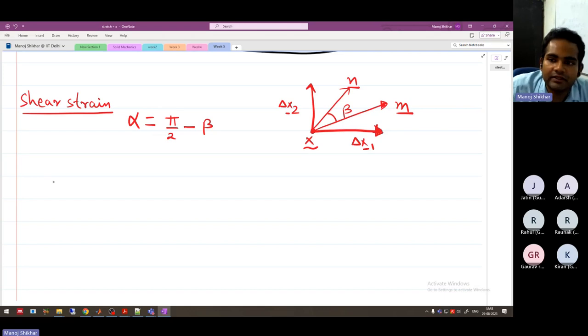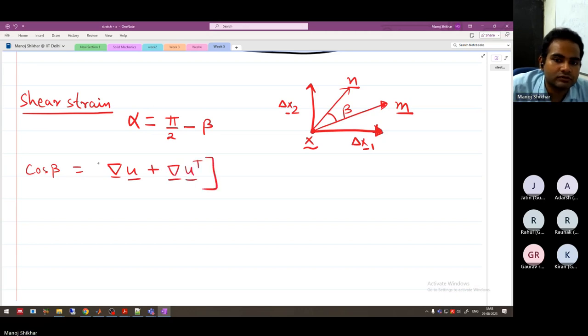So you will get something like this. Cos beta equal to gradient of u plus gradient of u transpose dotted with n.